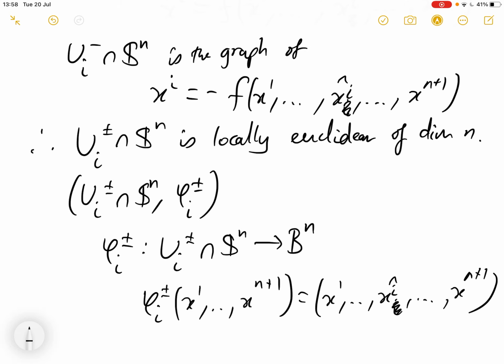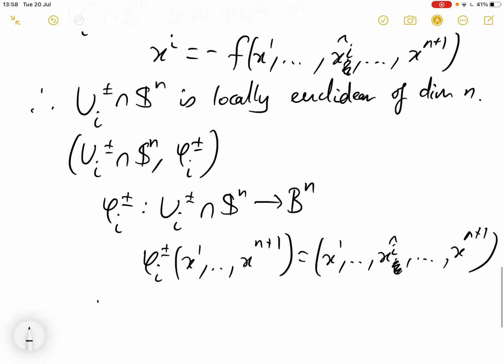So these are coordinate charts for the n-sphere, and therefore S^n is an n-manifold.